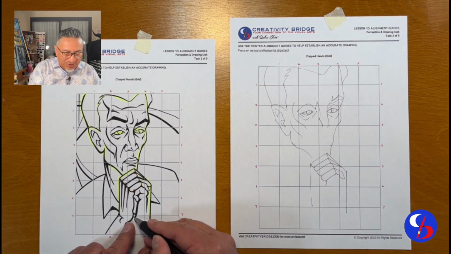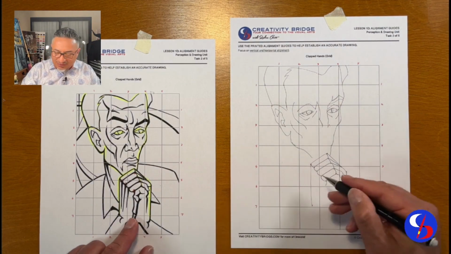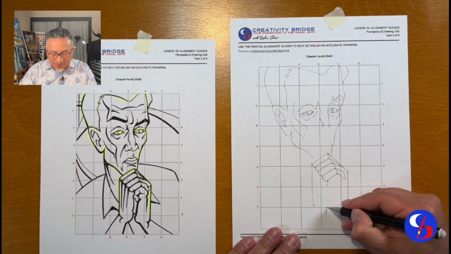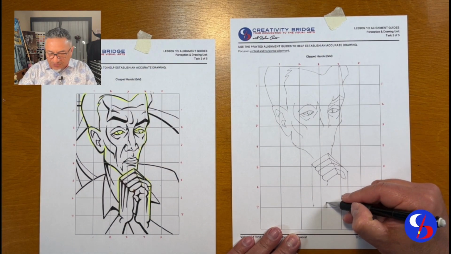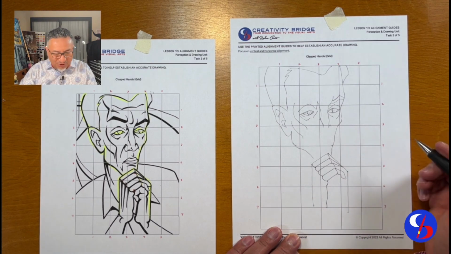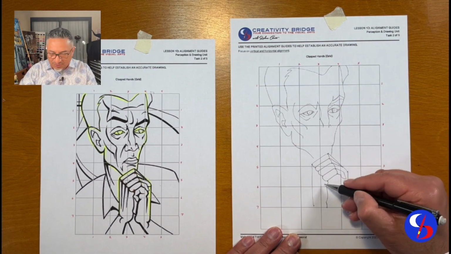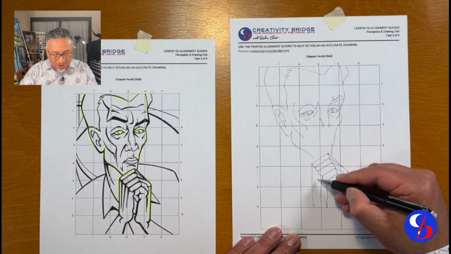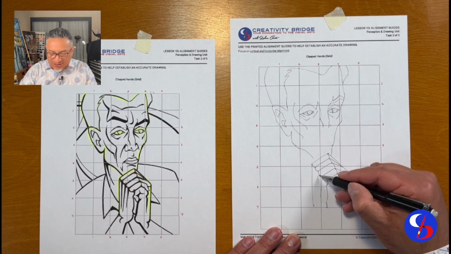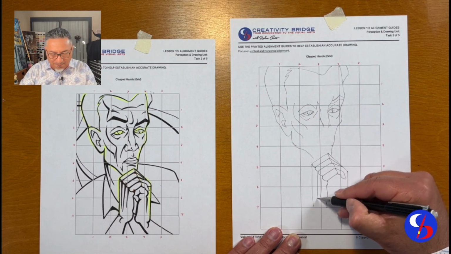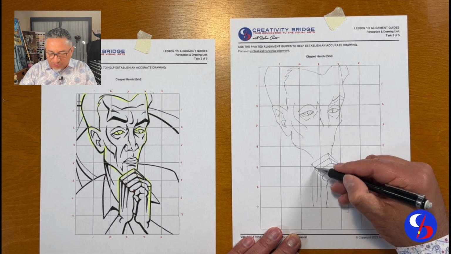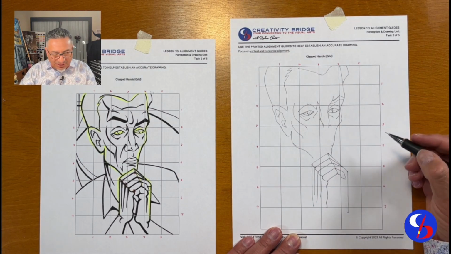I want to find where this spot is right here. It's about here. And then it curves. Right? It's working out. And then again, we can fatten up these lines later if you want to. But it looks like it's going to work out.